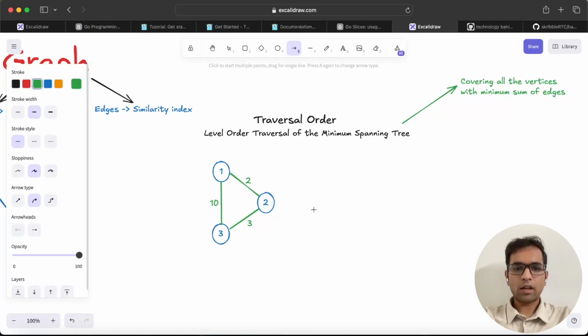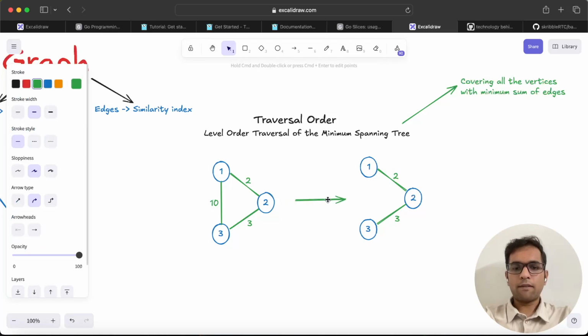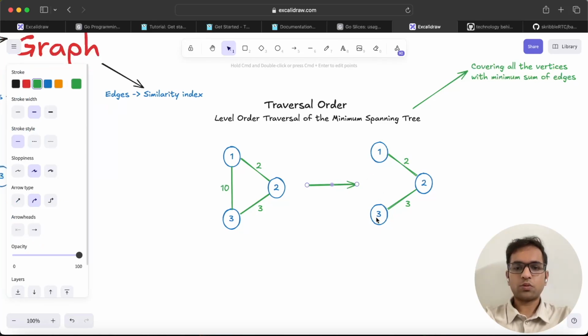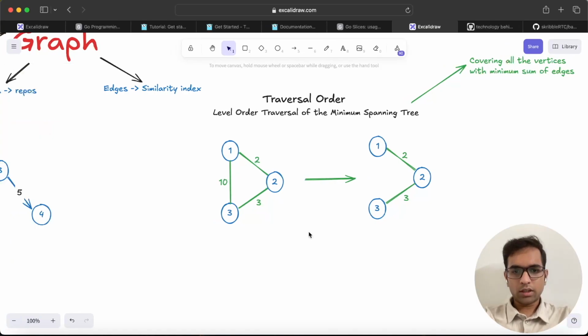So this would be the minimum spanning tree of the graph, without the edge that was weighted as 10. Now, after this, they take a level order traversal.